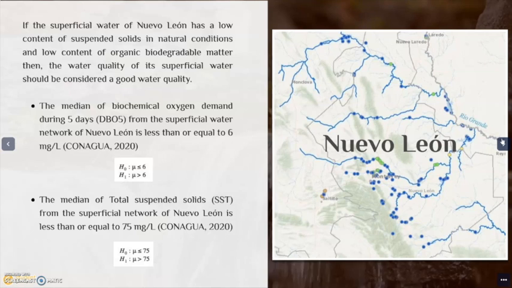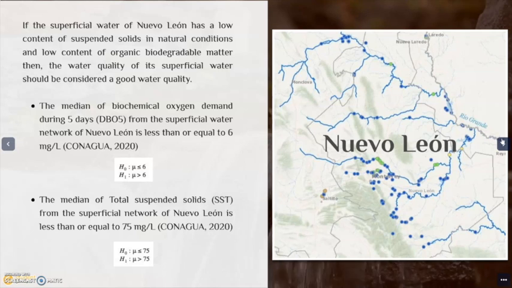The first statistical hypothesis that we have for this one would be: the median of biochemical oxygen demand during 5 days from the superficial water network of Nuevo León is less than or equal to 6 milligrams per liter. The null hypothesis would be median less than or equal to 6, and the alternative hypothesis would be median greater than 6.